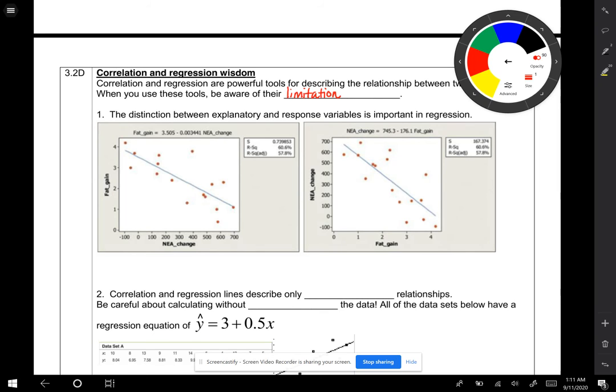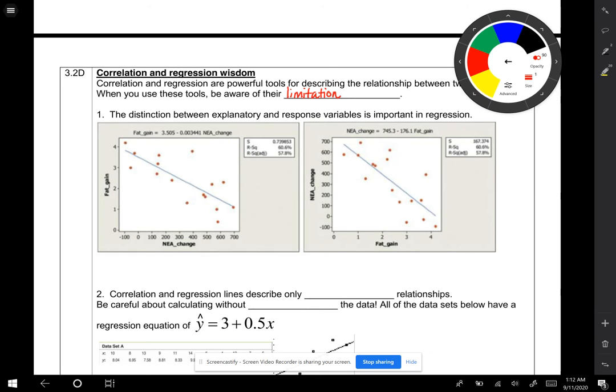So if you look on the far right or on the top, the S and the R squared, the S is different, but the R squared is the same, and you don't need to worry about the R squared adjusted. But basically, what it's saying is the correlation doesn't change if you switch the response variable and explanatory variables, but other things do change.